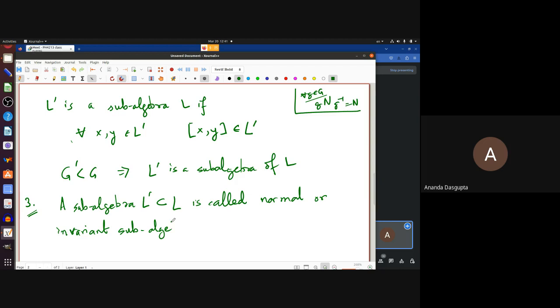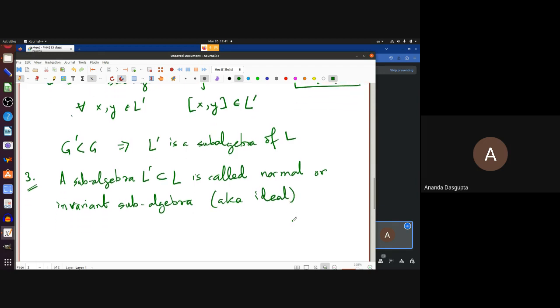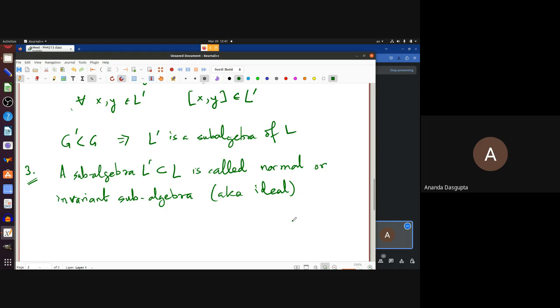Sometimes also called an ideal. So there are many names for the same thing. Invariant subalgebra is the more common one, perhaps. Ideal is also pretty common. Normal subalgebra is not very common, although that would be a perfectly natural name to give because it's basically akin to normal groups.